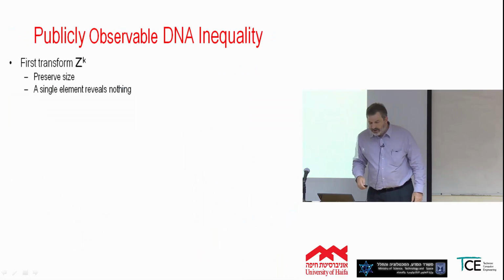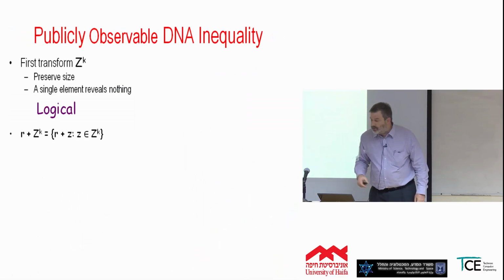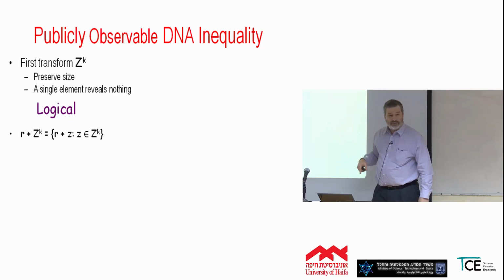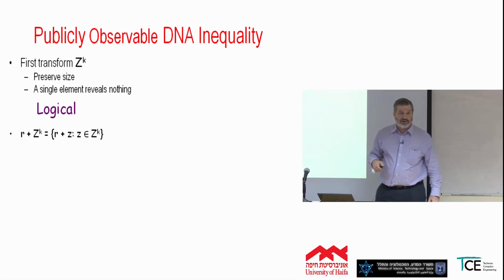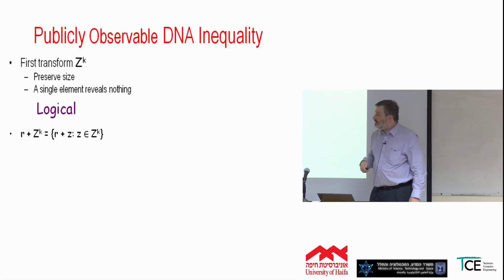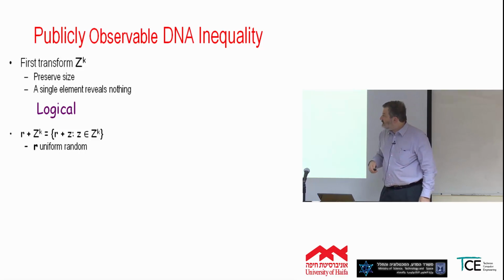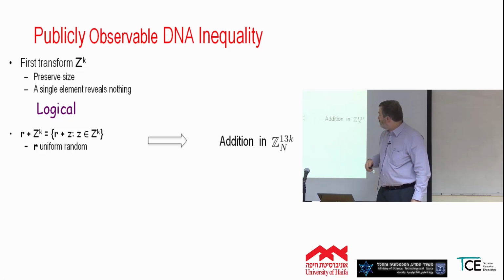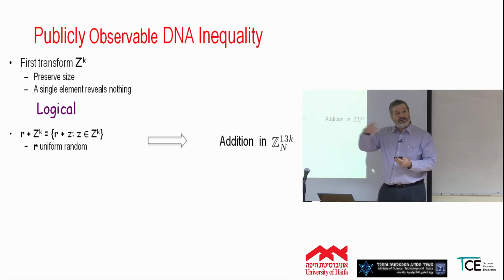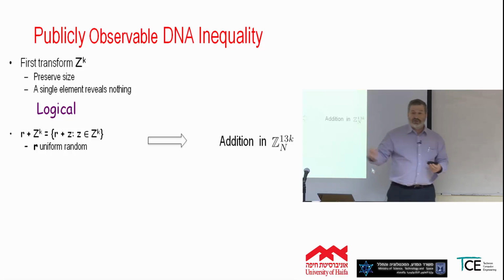So we're going to transform z to the k into r plus z to the k. And it's not going to change the size of the set. That's the important thing: by adding a random value there, it's not going to change the size of the set. So we're still going to have two sets of this certain kind. But we're now going to do modular addition.